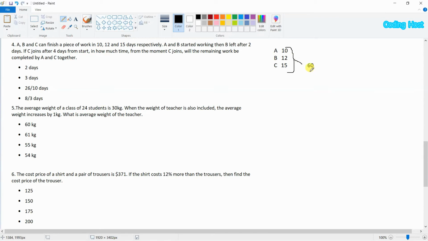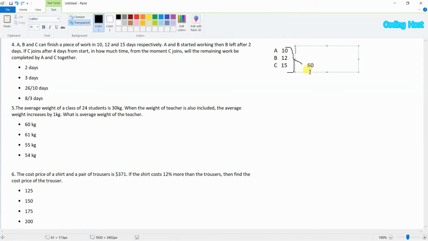Now we have to find the efficiency of each of them, that is, how much work each of them does in a single day. If you divide 60 by 10, you get 6. So the efficiency of A is 6. It means that in one day he does 6 work, so 6 into 10 is 60, and he completes the work in 10 days.